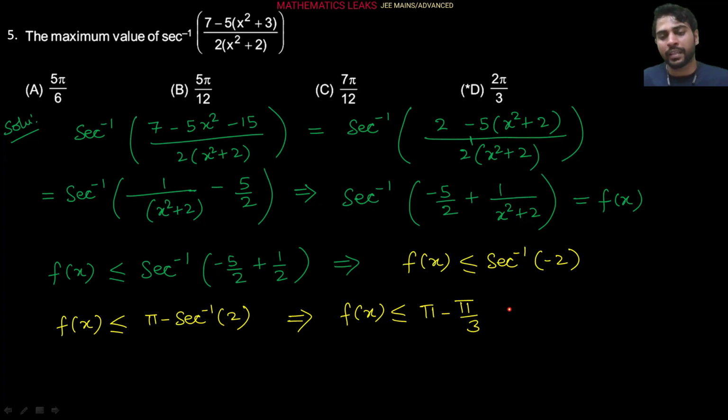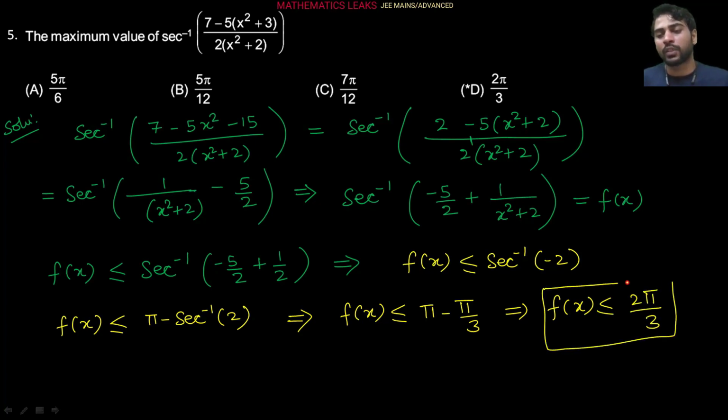So f(x) must be less than or equal to 2 pi by 3. So the maximum value of f(x) is 2 pi by 3. Among these four options, option D is correct.